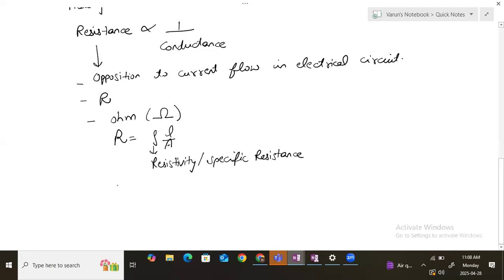So if I invert it, 1 by R, then it will be conductance. 1 by R is equal to 1 by rho times A by L. So 1 by R is my conductance, represented by G. 1 by rho is again a constant, called conductivity or specific conductivity.